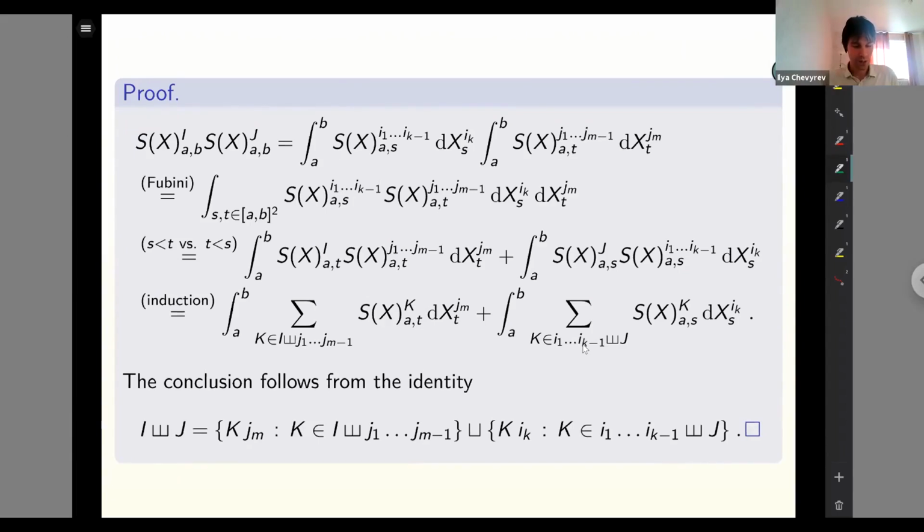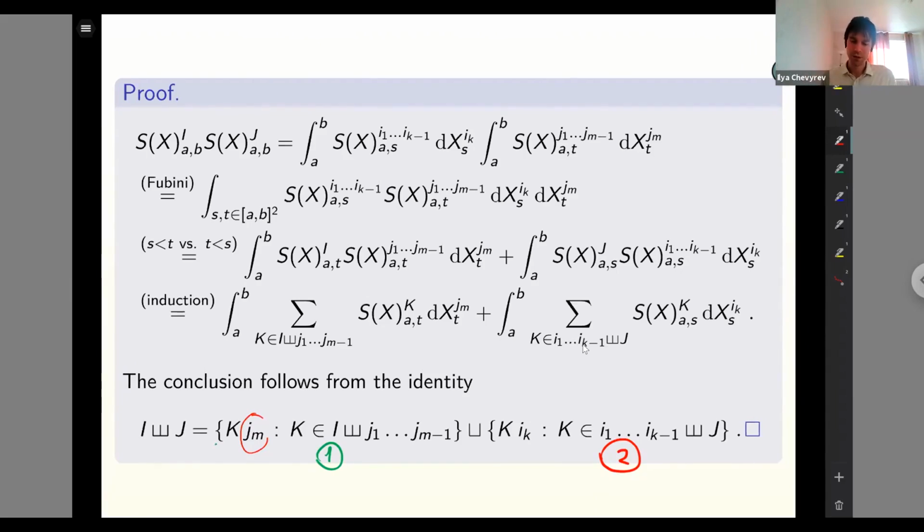So the shuffle between I and j can be defined as the multiset given by combining all the words in the first multiset here and the second multiset here. In the first multiset, we take all the shuffles between I and the word j where we lost the last letter, and we just append j's last letter to the end, and vice versa for the second multiset, where we swap the roles of I and j.